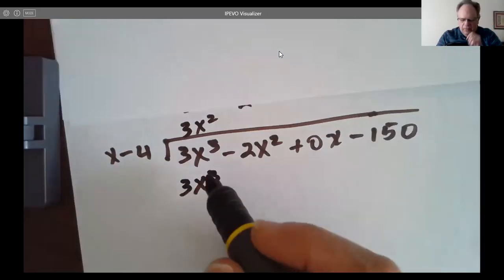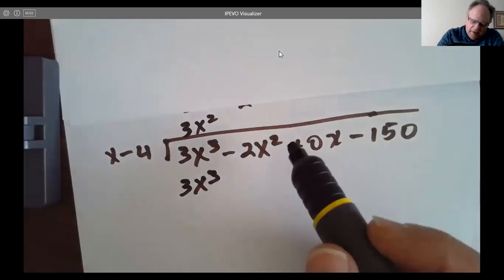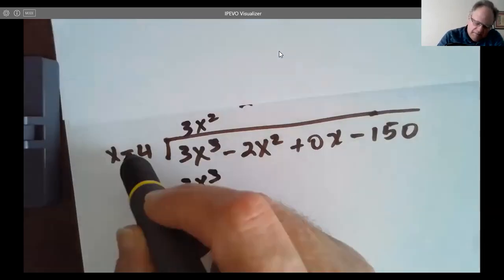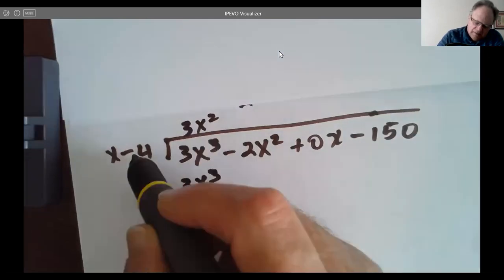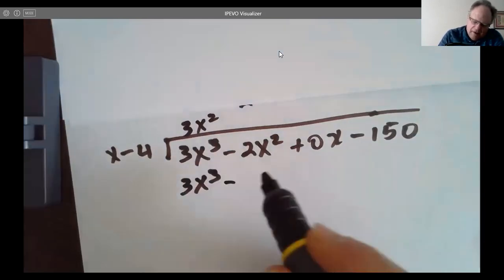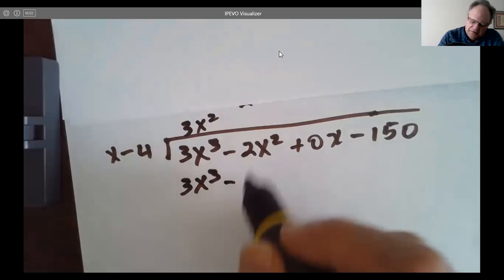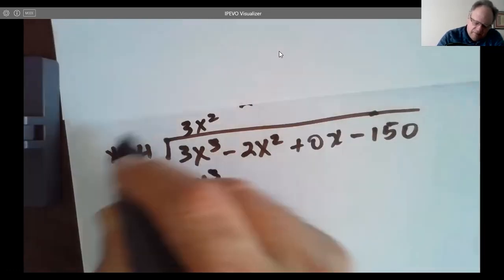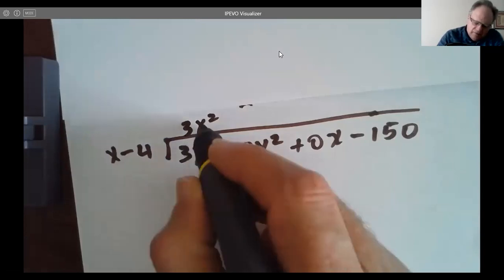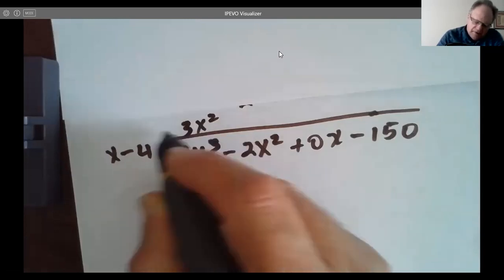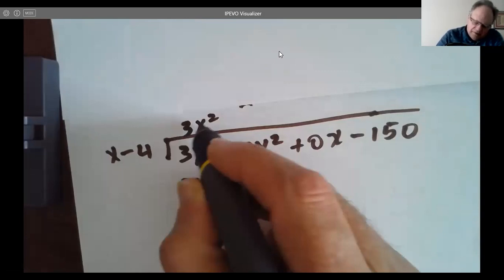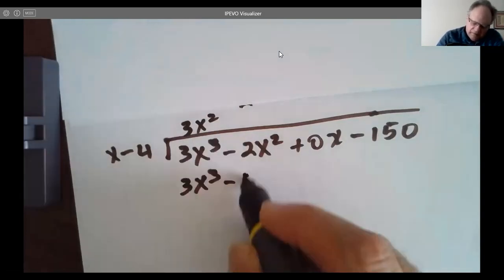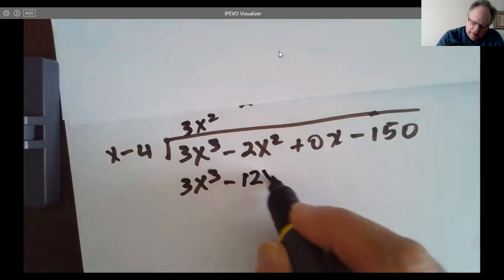But we have to multiply in both terms, the x and the minus 4. That's why we need a place for each value of x, because we have to distribute whatever's in the quotient into everything. So 3x squared times minus 4, 3 times 4 is 12x squared.